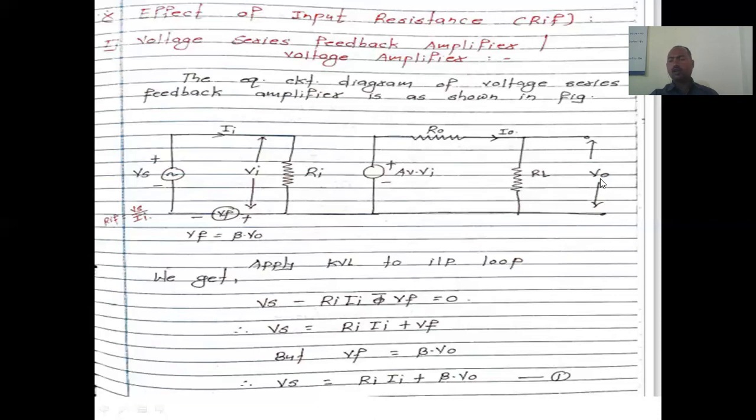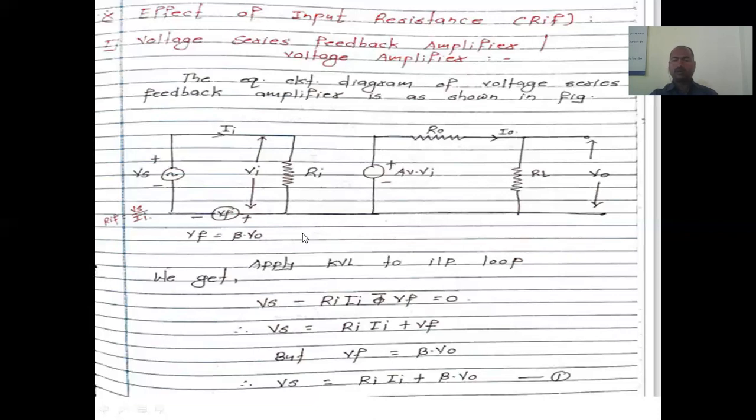The feedback network value is beta, so Vf is equal to beta times V0. Beta is the feedback network and V0 is the output voltage, because the output is again applied to the input. So beta into V0 is Vf, the feedback. Feedback indicates that some part of the output is again applied to the input.